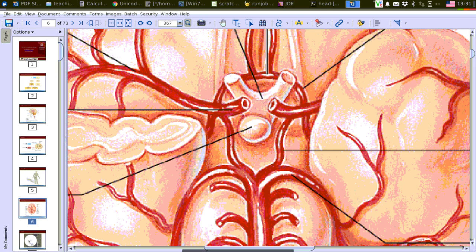And that has quite a bit of an advantage for protecting the nervous system. So let's say, for example, that a person has complete blockage of the left internal carotid. So this here is the left internal carotid.